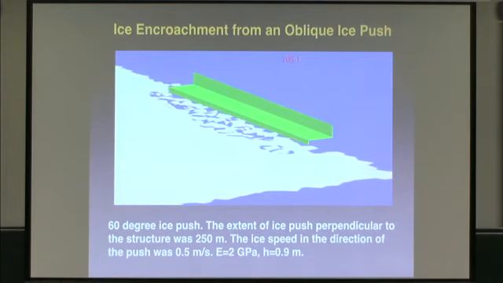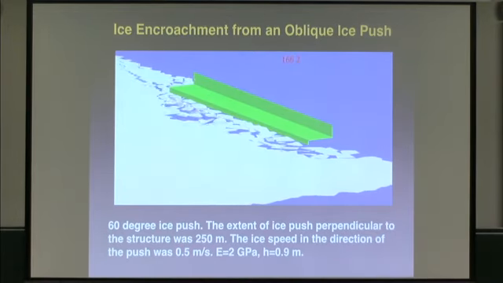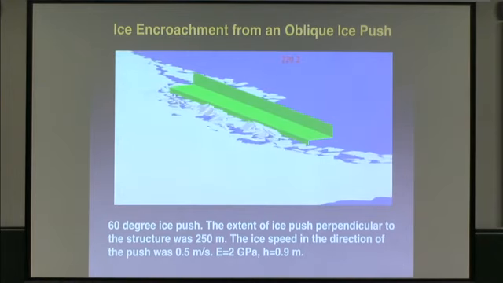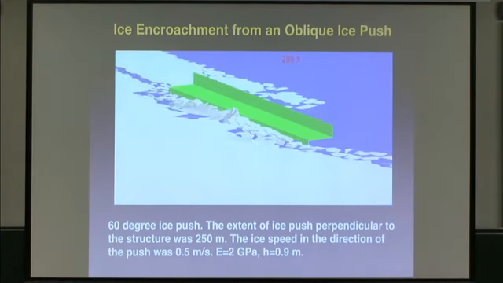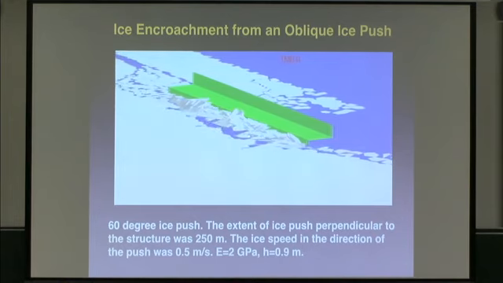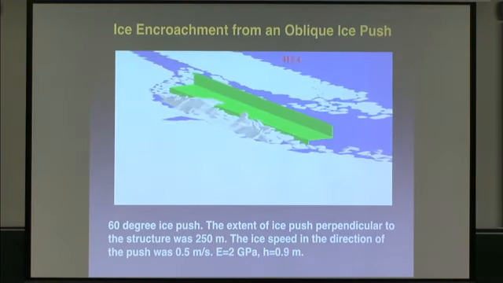Initially, we still don't do crushing though, so initially you get this bogus breakage. But very quickly, we have a rubble pile established in front of the structure. Now you can see the ice is flowing past the structure at a 60 degree angle because you can see the wake. It's quite oblique.